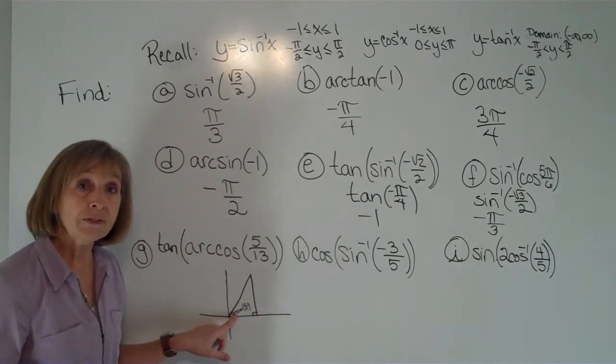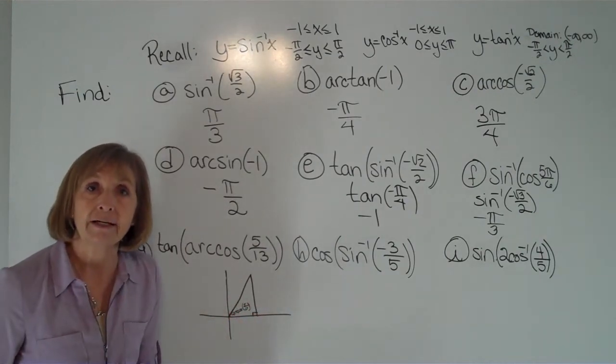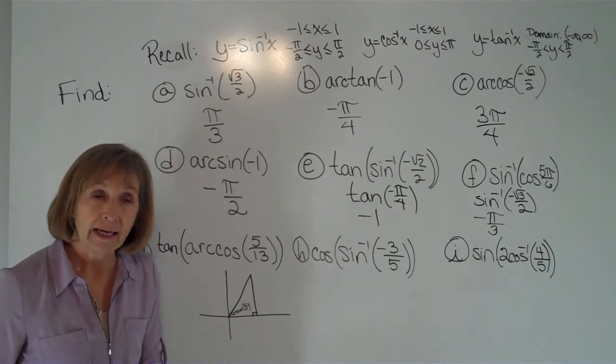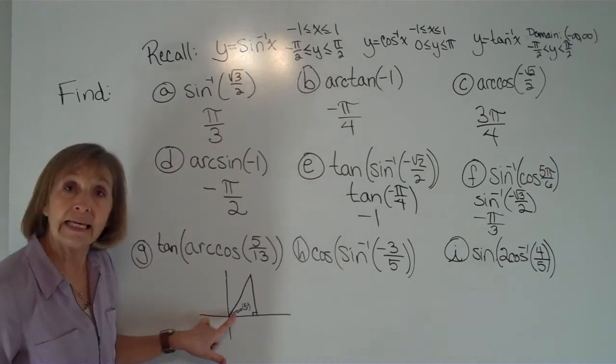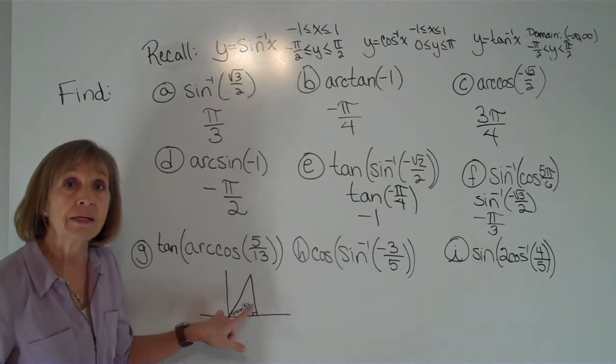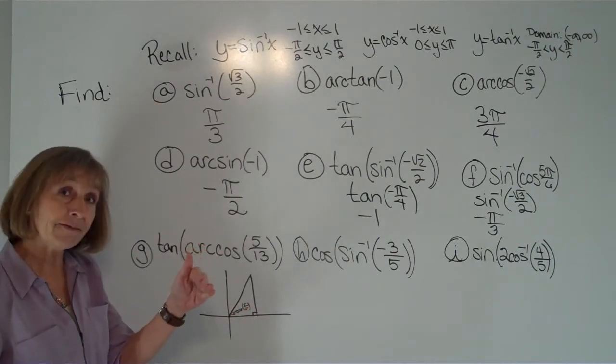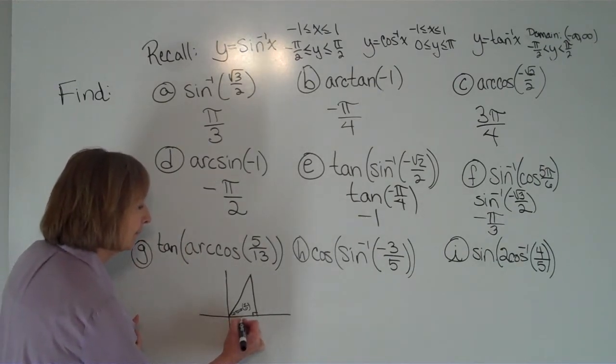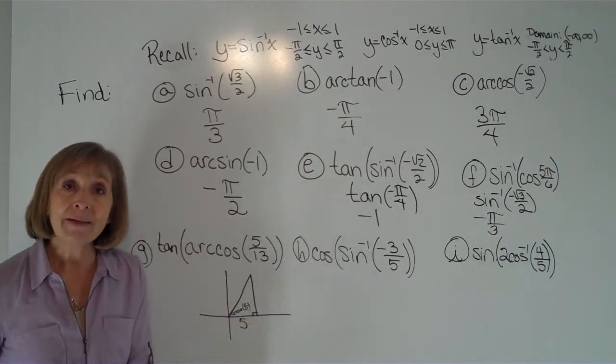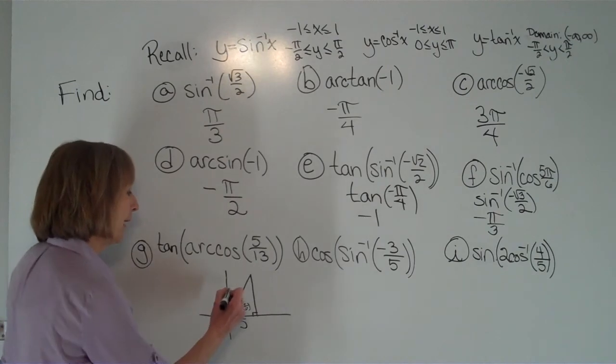But remember, the cosine ratio is the adjacent side over the hypotenuse. And since this is the angle whose cosine ratio is 5/13, that means the numerator 5 is the adjacent side, and the denominator 13 is the hypotenuse.